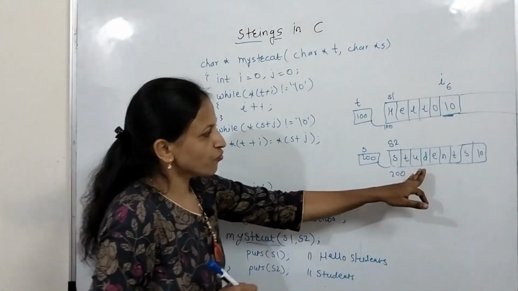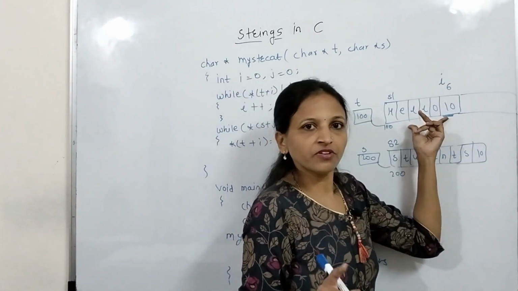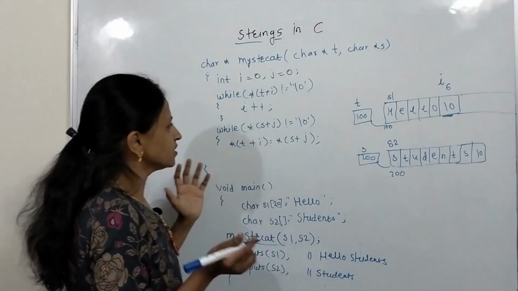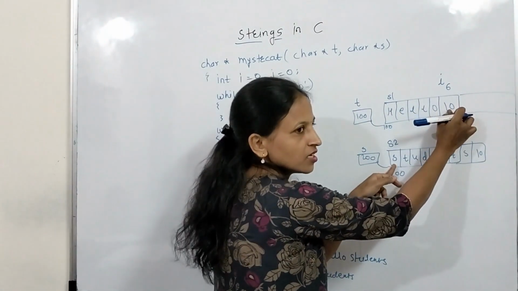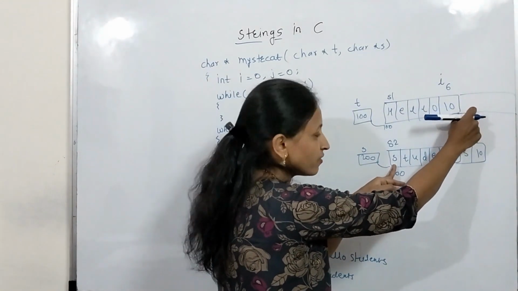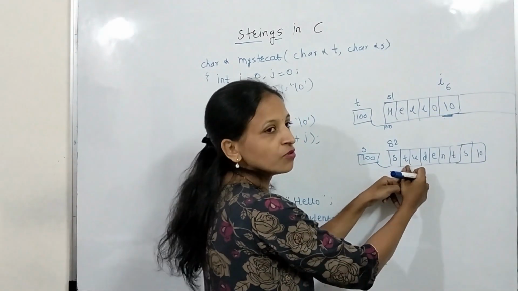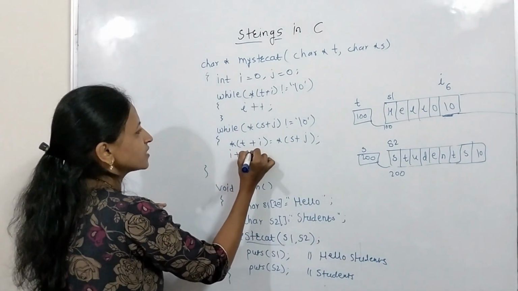For traversing this string we will use the j counter, for traversing this string we will use the i counter. Now see, simple. Here after copying this s, we have to modify the value of i, that i should become 7 and j should become 1. Getting? i++ and j++. Getting?